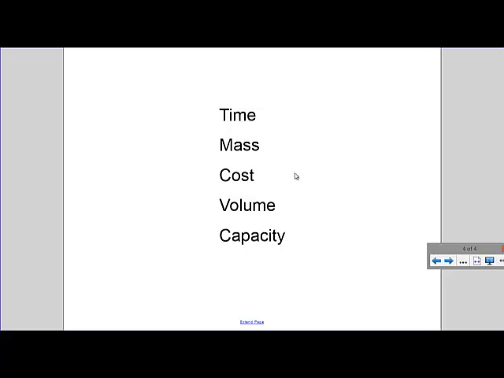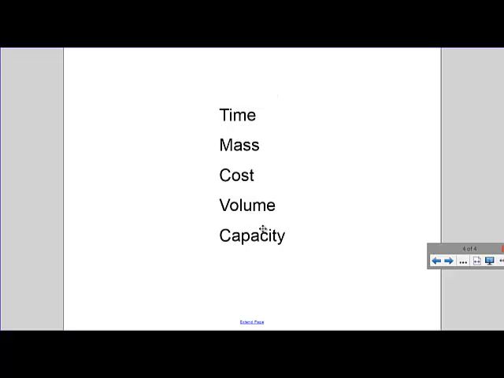And if you get on a plane from here to, say, Florida, is it going to take as long as from here to, say, Vancouver? Time is easy to figure out, but where would mass, cost, volume, and capacity come into everyday existence at an airport? Think of as many examples as you can of places where that would be used at an airport.